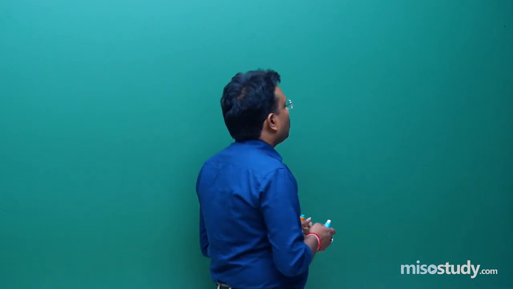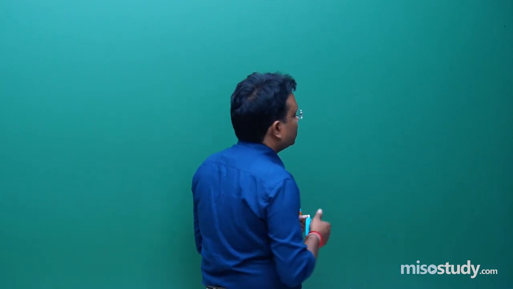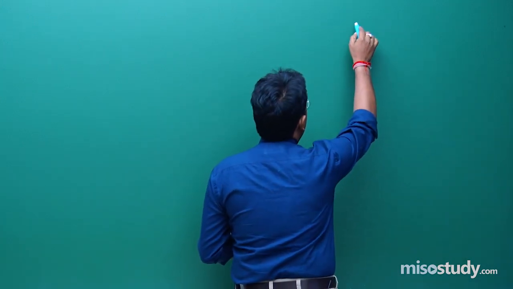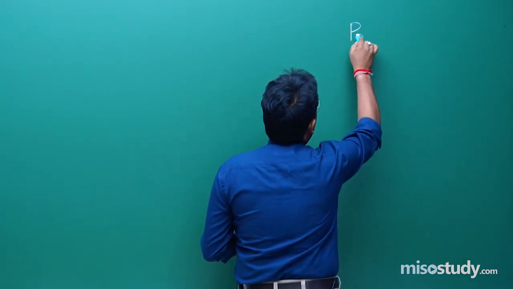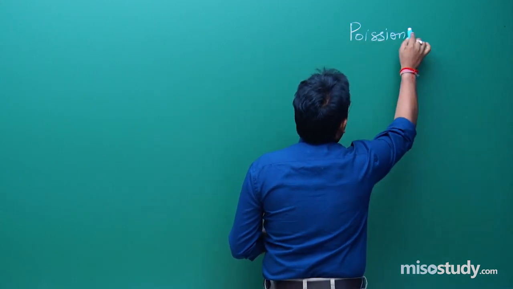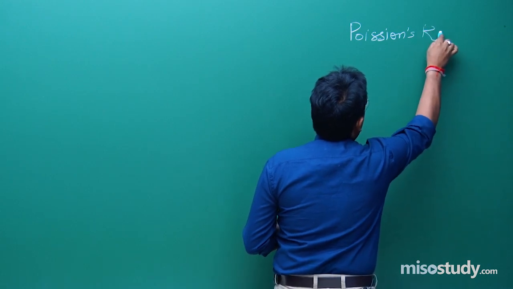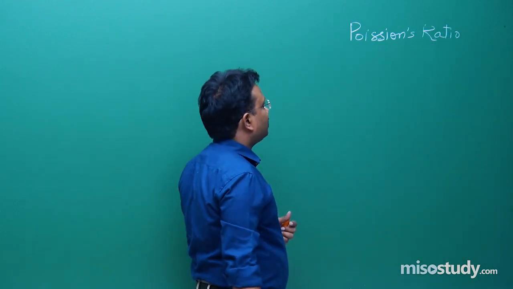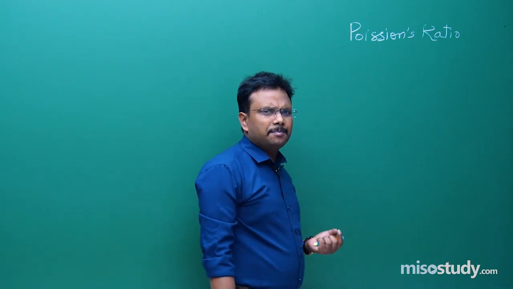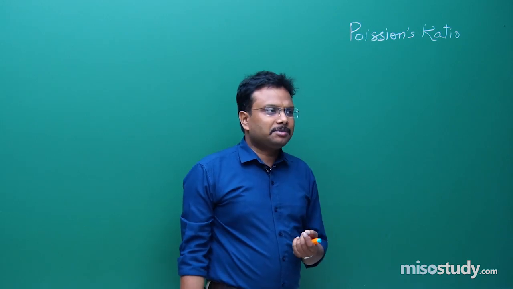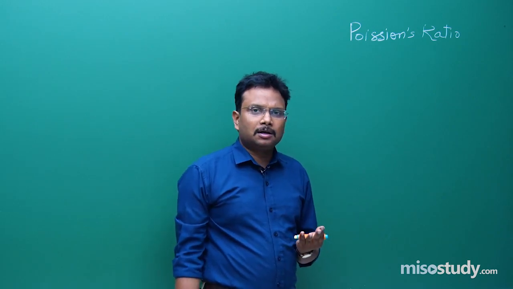Before that, I would like to start this discussion with a simple example, that is Poisson's ratio. What exactly is this topic? Sometimes they may ask it for 2 marks, or sometimes in a reference.